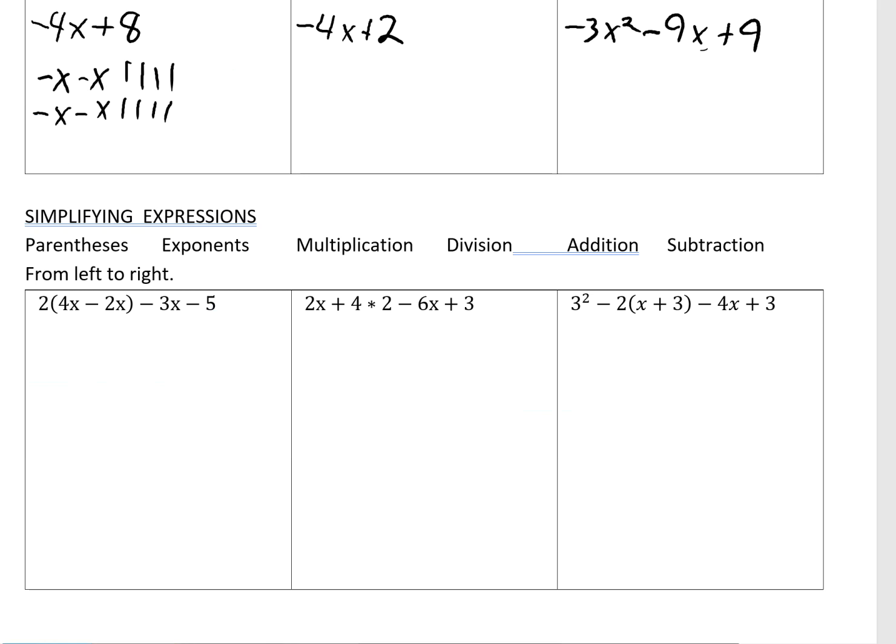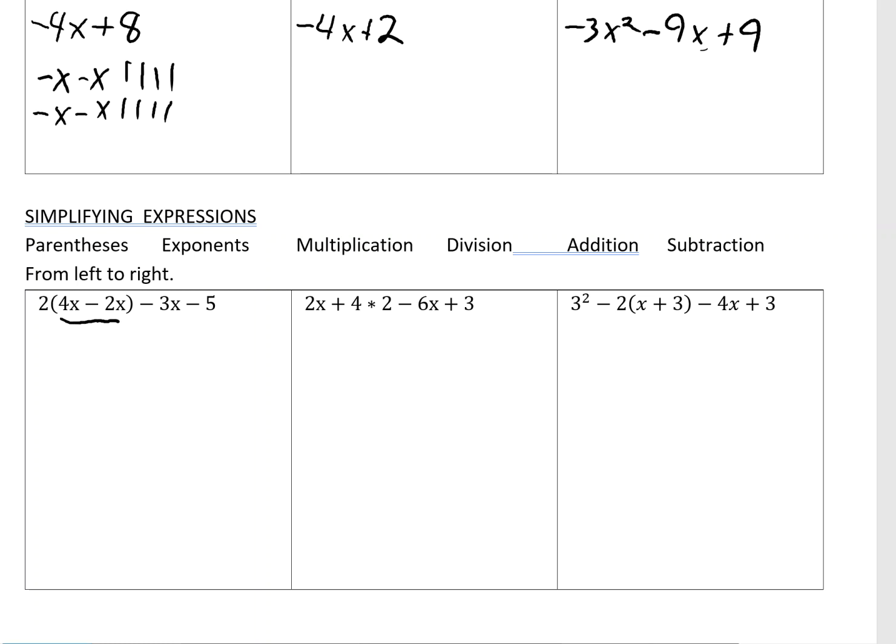All right, simplifying expressions with variables is just like doing it without variables. It's just we can only combine down to only like terms, right? So it's just PEMDAS. So parentheses, and by parentheses we don't mean the distribute, we mean what's inside the parentheses. So we could distribute this one and then combine like terms, but let's go ahead and follow the rules.